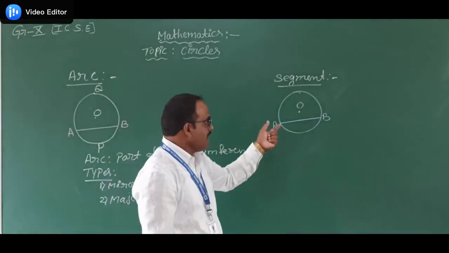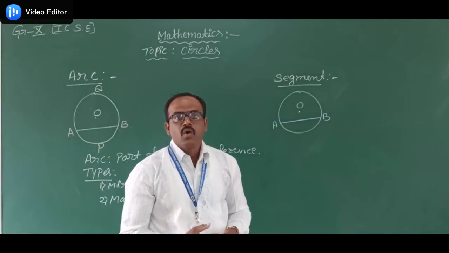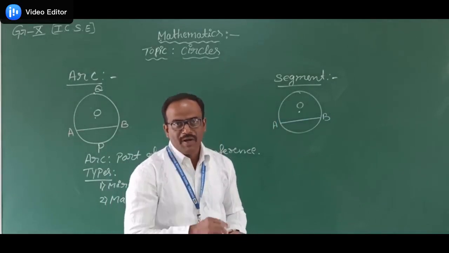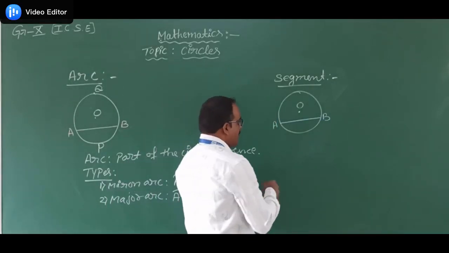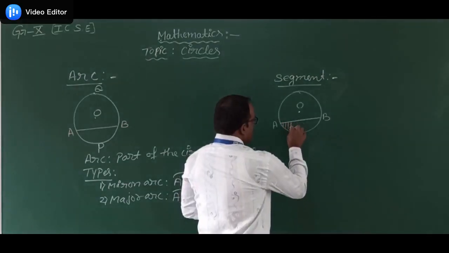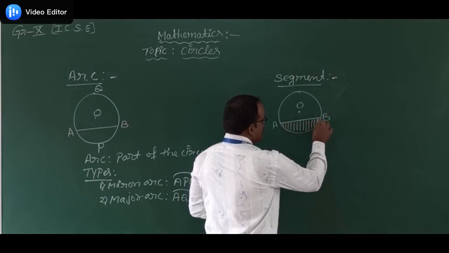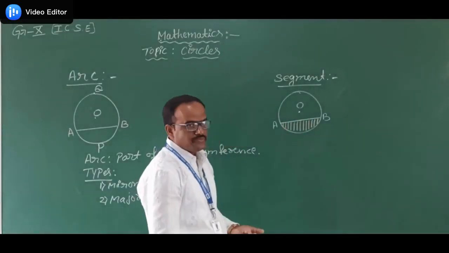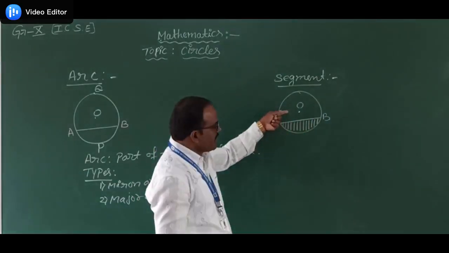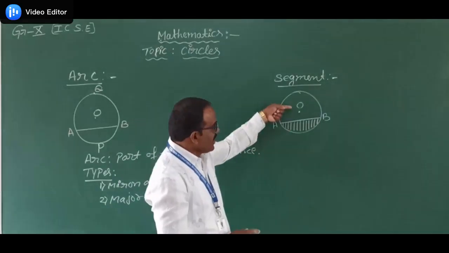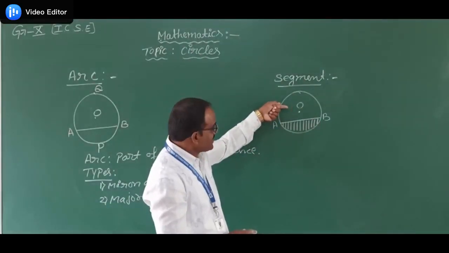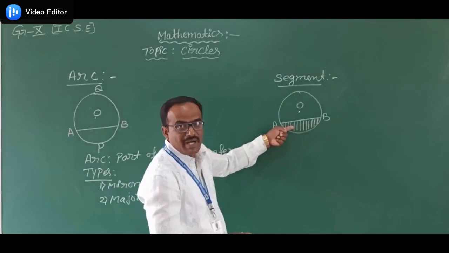Actually, the chord divides the whole circle into two parts. The smaller part of the circle I am going to shade with a different color. You can observe there are two parts in the circle. One is the larger part and another is the smaller part.